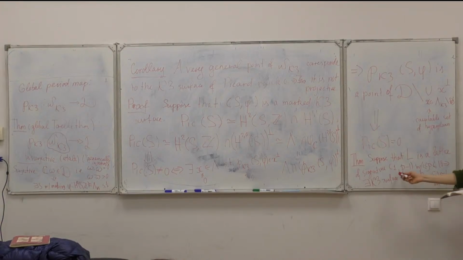So if we take a lattice with a signature with this property, then there exists a K3 surface with this lattice. A very strong statement, right?